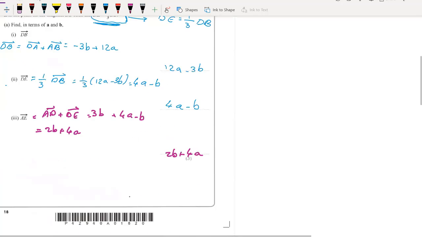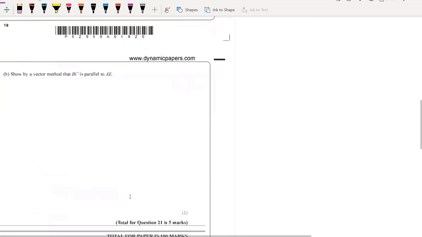Okay, so in order to prove this, we need to know the vector method. The vector method, if you remember, is easy. If I want to prove that a vector is parallel to a vector, then this vector is equal to a constant multiplied by the other vector. So we have BC vector equal constant multiplied by AE vector.